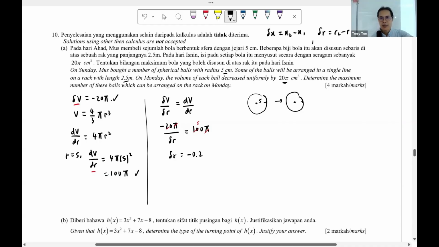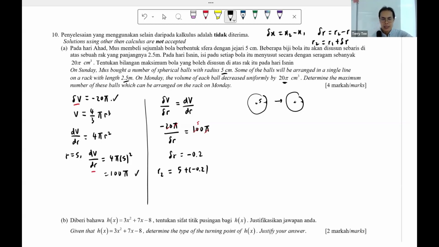I want to find my r2. r2 is my new r, which is r1 plus delta r. Okay? So what is your r1? r1 is your initial radius. Oh, we know what? Your initial radius is 5, right? So what's your final radius? You can call it r2. Is your r1 5 plus negative 0.2, answer 4.8 cm. So your new radius is 4.8 cm.